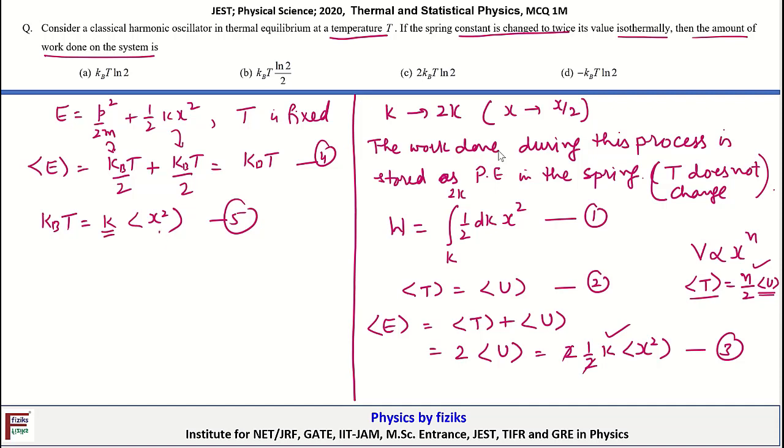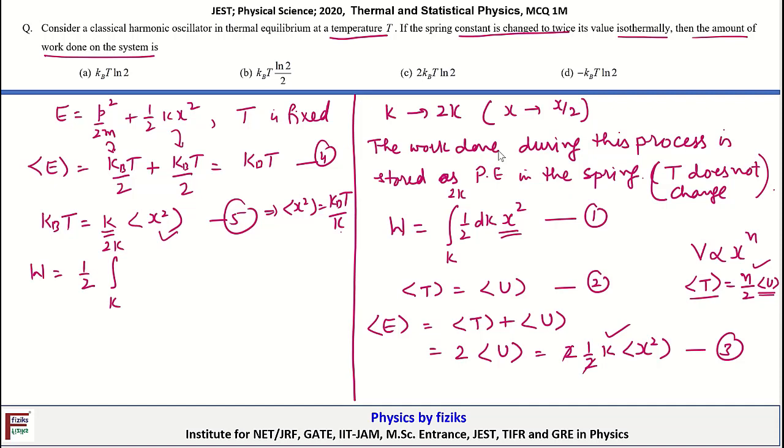So we are going to replace this average value of x square in equation 1, so that the work done comes out to be equal to 1 by 2, with the spring constant changing from k to 2k, times the value of x square. From equation 5, x square average is equal to kBT by k.